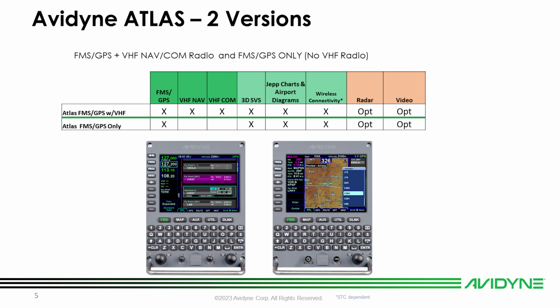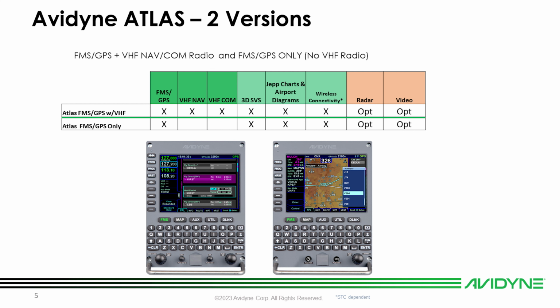So as you can see from the chart here, there's a lot of cool features, including integrated 3D synthetic vision, integrated Jeppesen approach charts and airport diagrams, optional wireless connectivity, and also options for radar and video inputs.